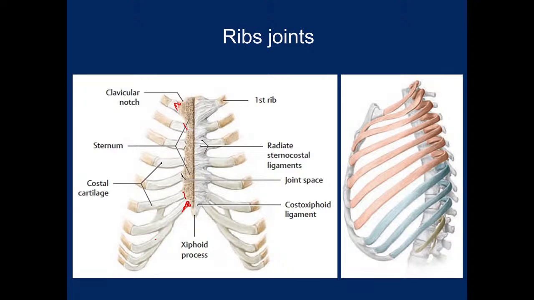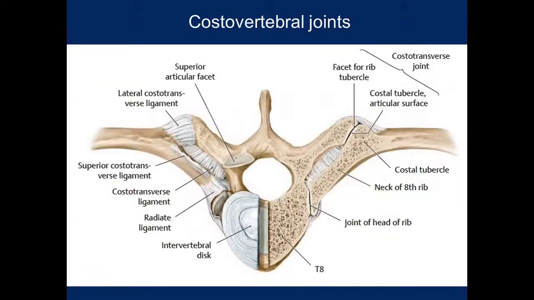But the 8th, 9th, and 10th ribs are attached to the upper rib by a synchondrosis portion. But the 11th and 12th ribs are floating ribs, and they have no attachment to the sternum. That is the costovertebral joint between the transverse process here and the tubercle of the rib, and that is a typical plane joint or flat joint.